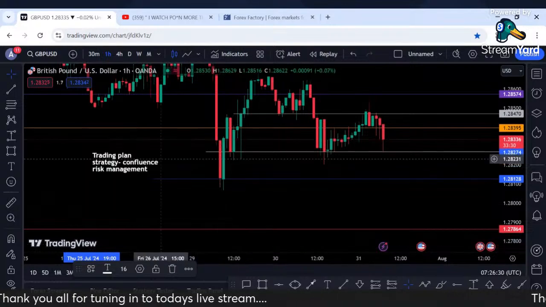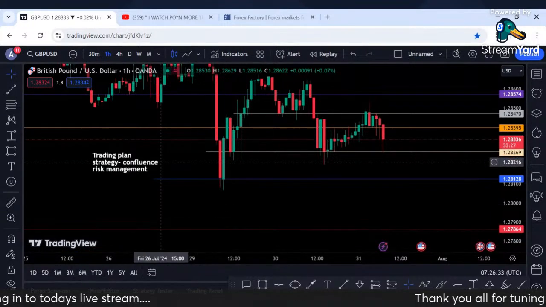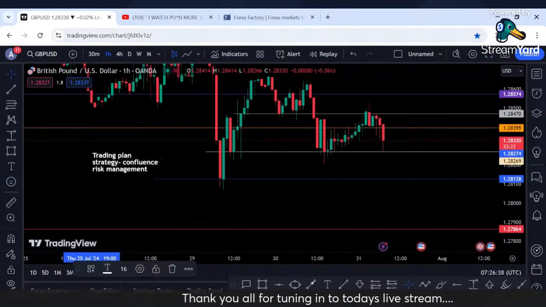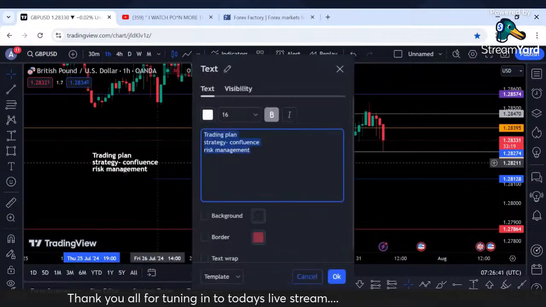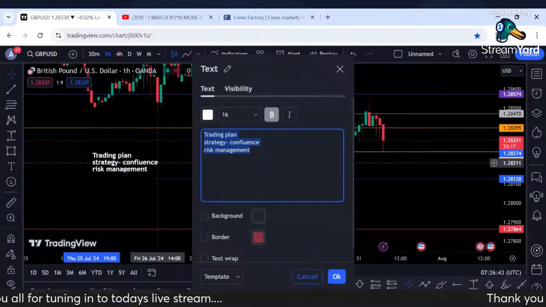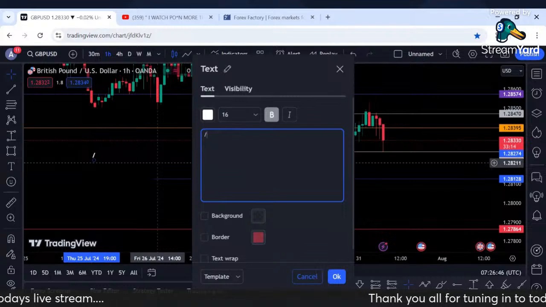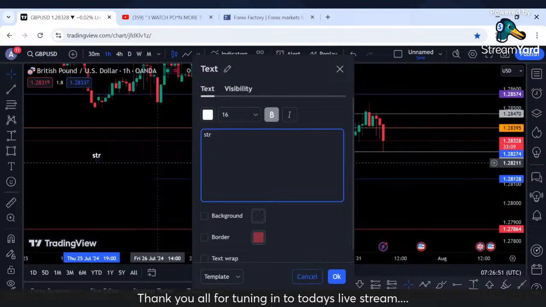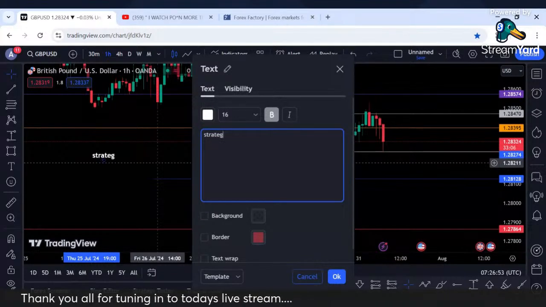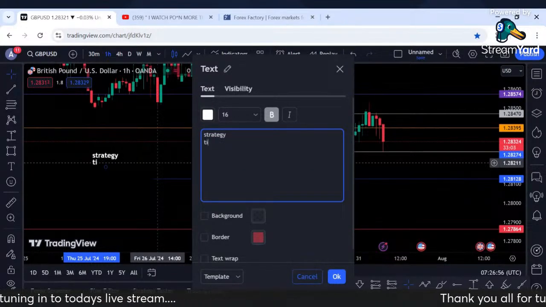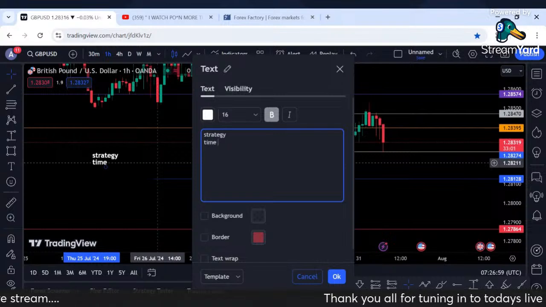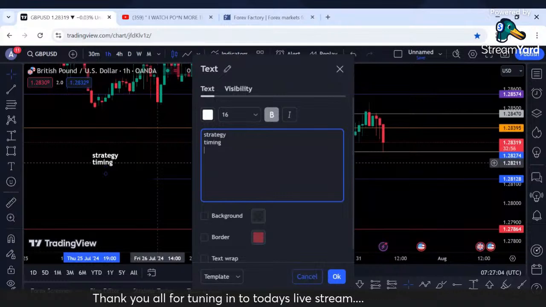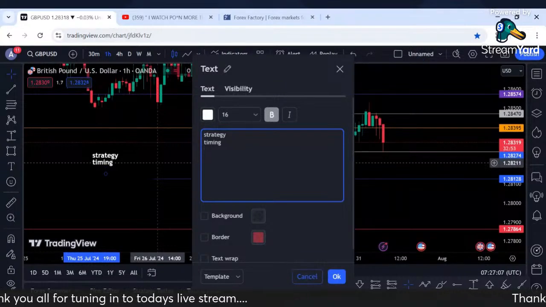Strategy includes the time you trade. So your strategy includes your time, the time you come to the market, your market timing, and what else?